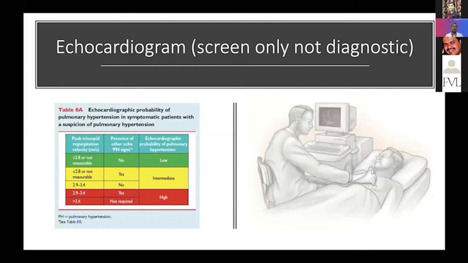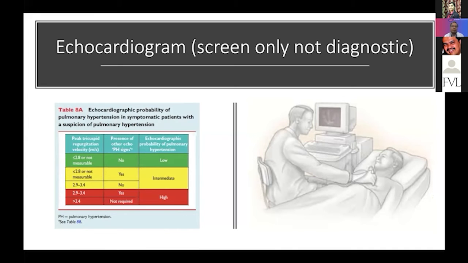So then you have suspected, so echocardiogram. It is important for the crowd to note that echocardiogram is to screen only, and it's not a diagnostic tool, because I have a lot of referrals, and after reviewing the echocardiogram that they do in private, some physicians have the audacity to start patients on pulmonary arterial hypertension drugs without properly diagnosing the patient or properly doing a right heart study, and then referring this patient to me for further follow-up.